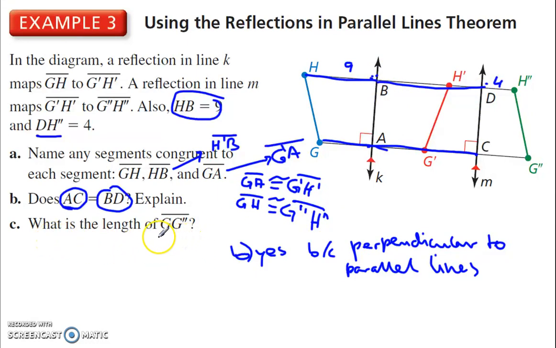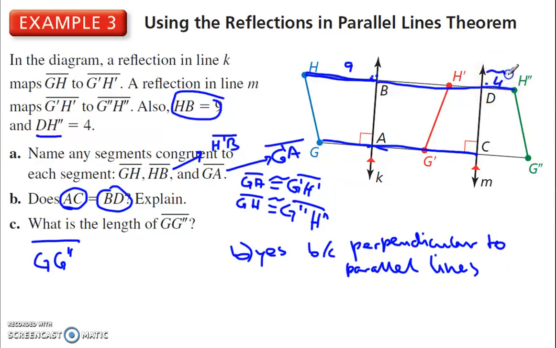Alright, what is the length G to G prime prime? Okay, we know that this is 9 and this is 4.